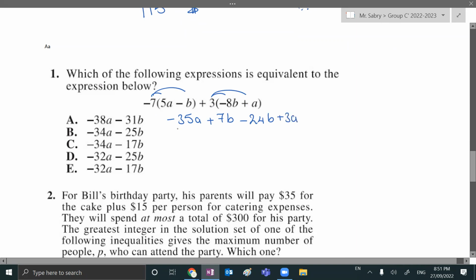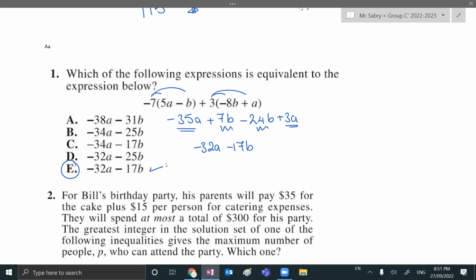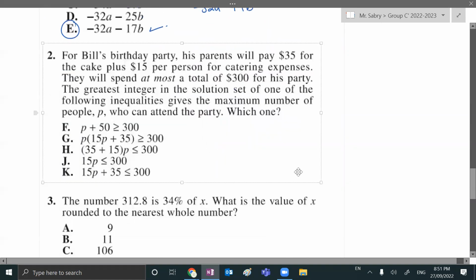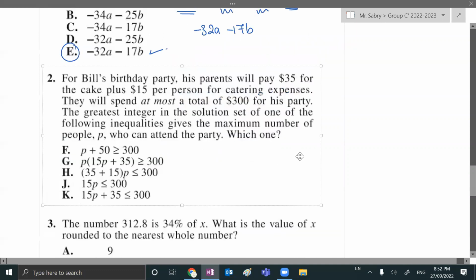Like terms together, that would get you this with that, which is a negative 32a. And then the 7b minus the 24b is a negative 17b. The answer is this. This was easy, right? Yes. Perfect. Any questions here?